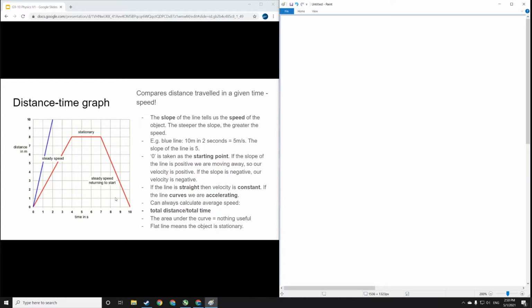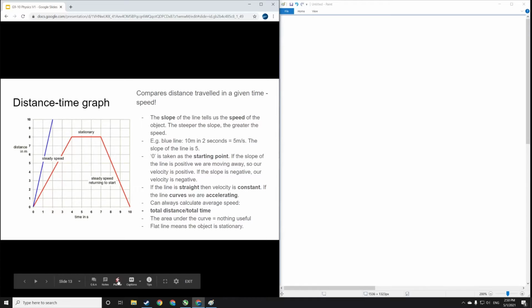Let's say we want to find the average speed at this point here. Let's say the line was a curve like this. It still wouldn't matter, because we're looking at only the total distance and the total time.